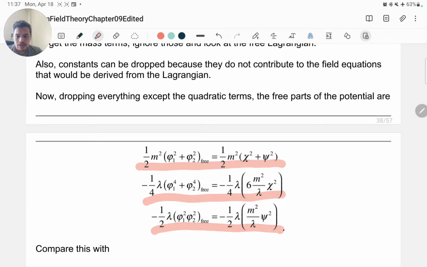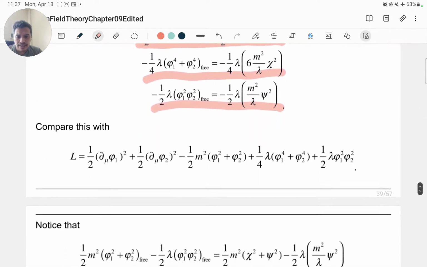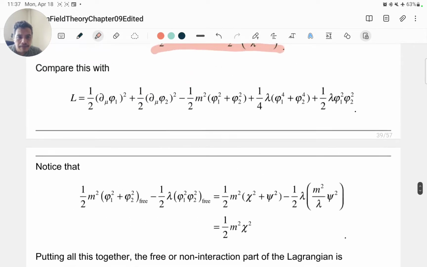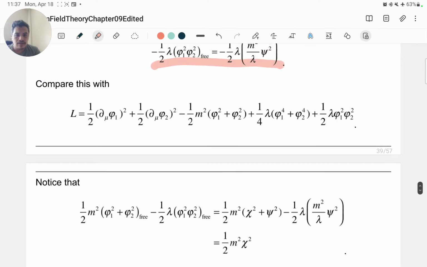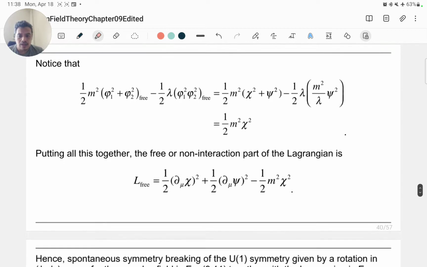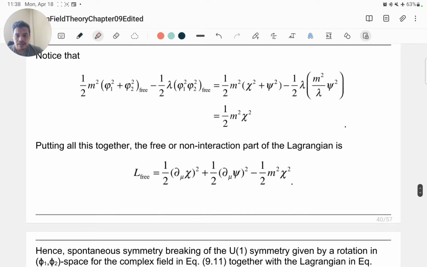So doing this and putting all these things together, this is just the original Lagrangian in terms of phi 1 and phi 2, and then you have the Lagrangian. Now if you put your chi and your psi, it will look like this.